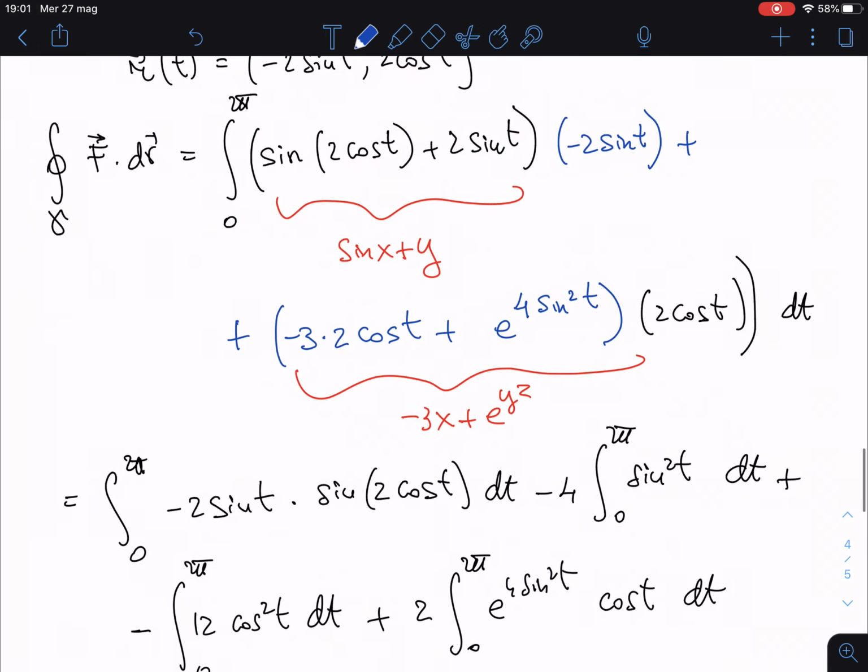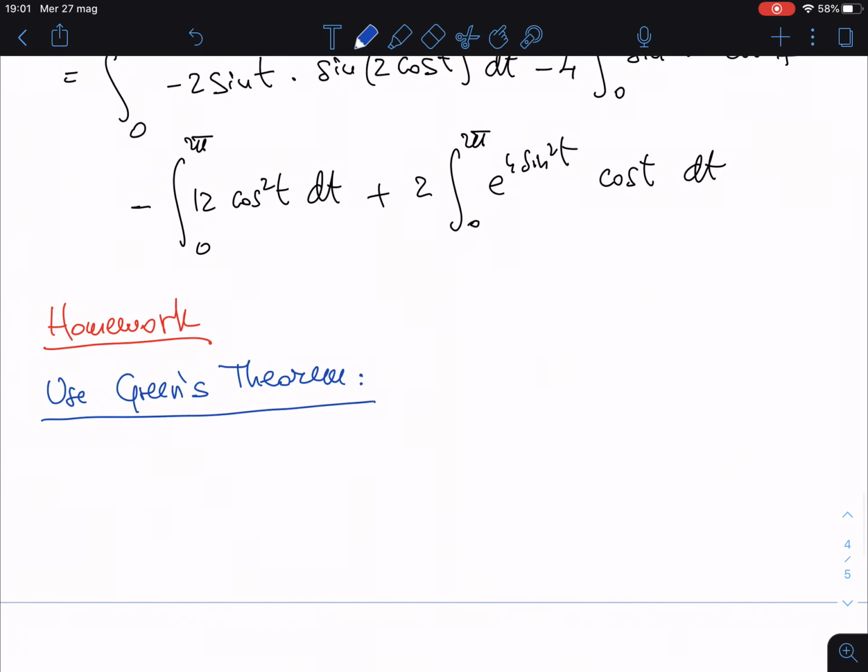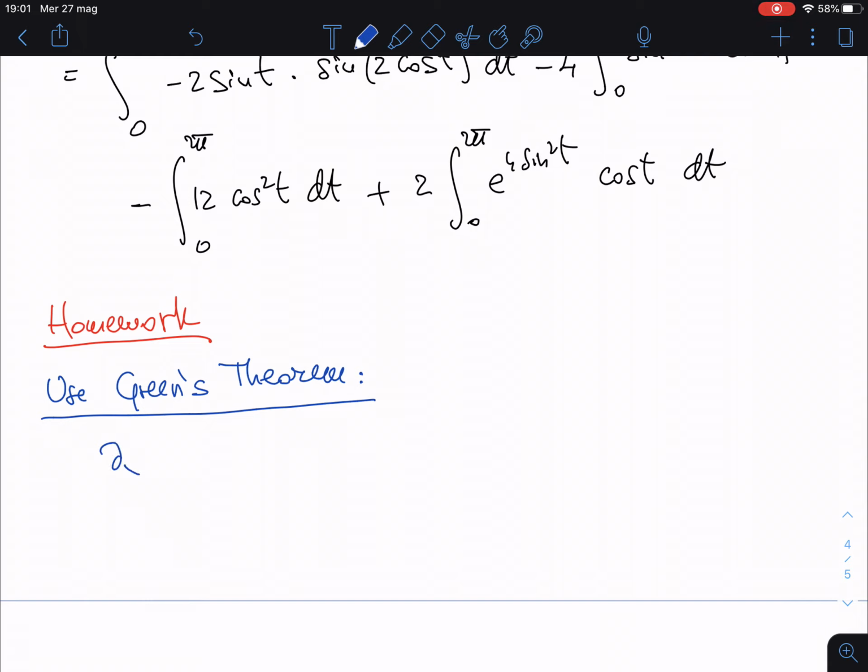If we use Green's theorem, we have to compute d_x of F2, which is d_x of minus 3x plus e to the y squared, and this is minus 3, very simple.